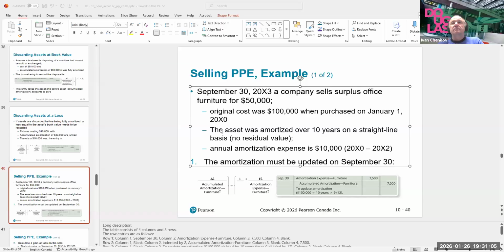Let me try to share again. Here we go. First thing, we are updating the amortization schedule, showing the accumulated amortization expense for the furniture.